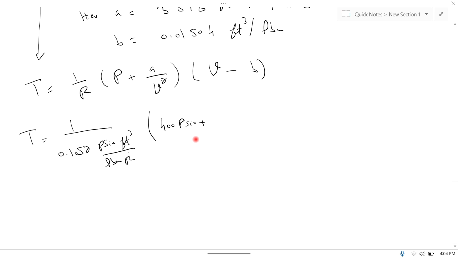The value of A is 3.596 times 10 power 6 feet power 6 psia per pound mass square divided by V square. The value of V is 0.1144 whole square, and the unit of V is cubic feet per pound mass.